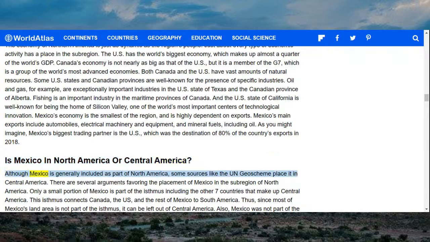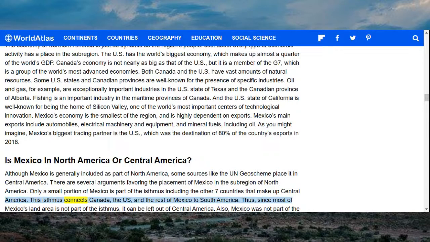Although Mexico is generally included as part of North America, some sources like the UN Geoscheme place it in Central America. There are several arguments favoring the placement of Mexico in the subregion of North America. Only a small portion of Mexico is part of the isthmus, including the other 7 countries that make up Central America.